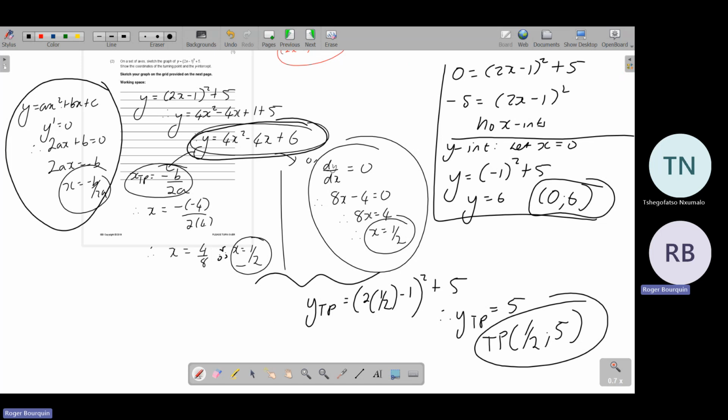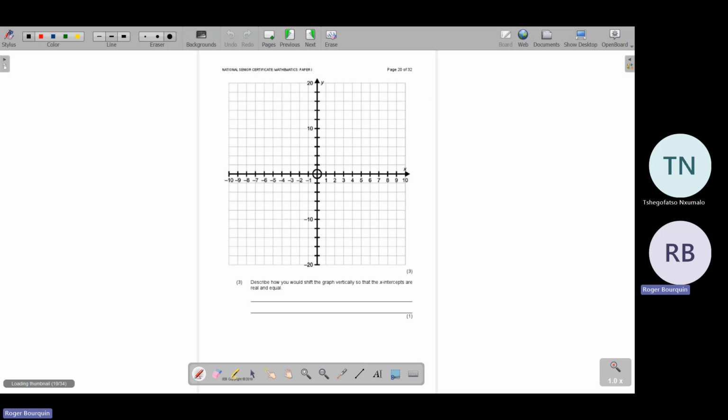Well, from table mode, I got the sign. Does that indicate that there's no x-intercept? Be careful, I'm just wary of time. What is our turning point? It's a half, 5. And my y-intercept was 6.